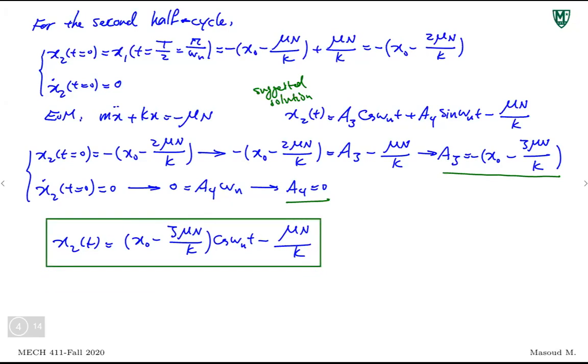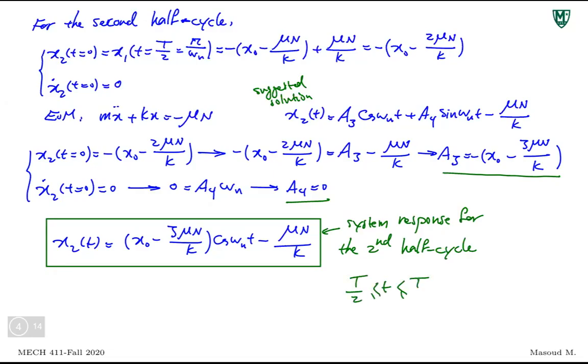Now this is the system response for the second half cycle. In this case, the general t would be from T over 2 to T. So it goes all the way from one side to another side.